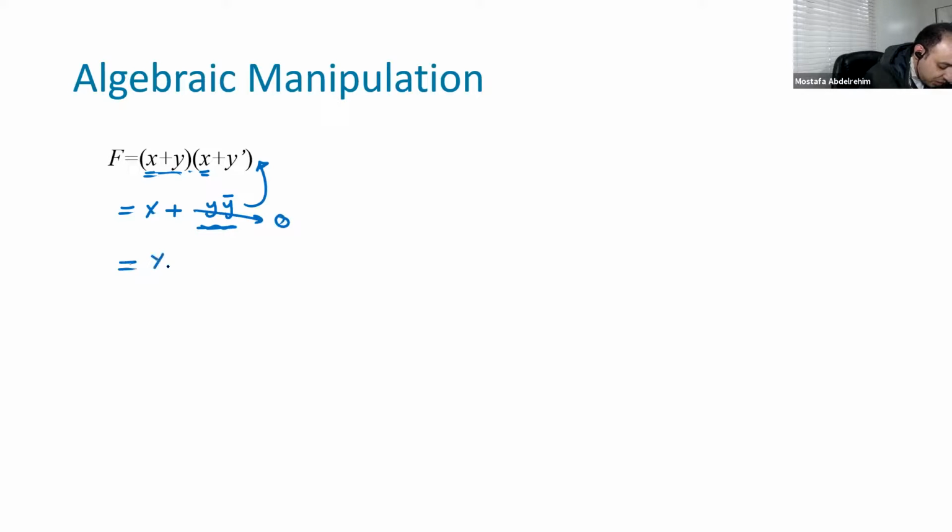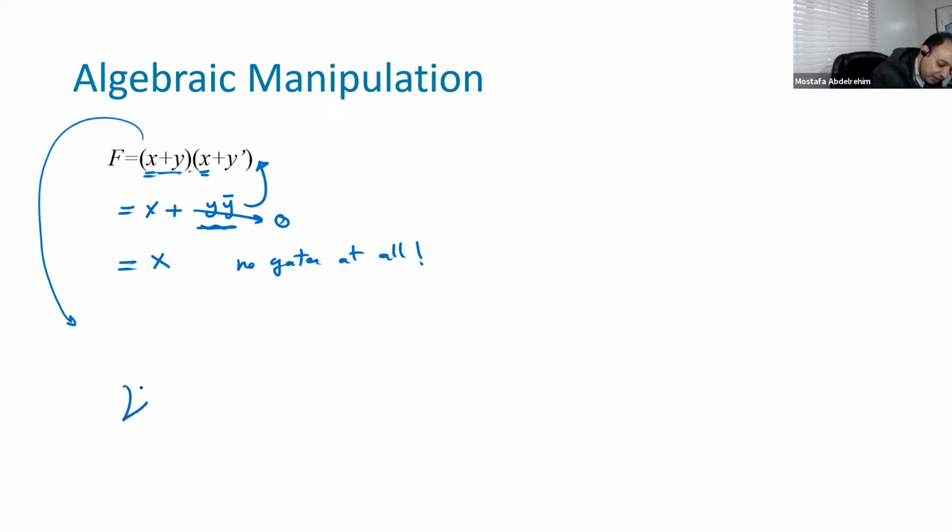So this is basically equal to x. No gates at all. This is a 100% reduction in the cost and the power consumption and everything.